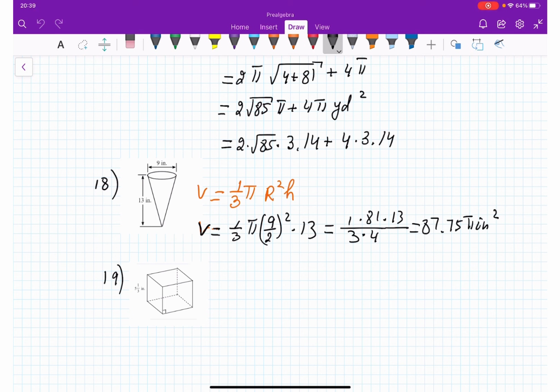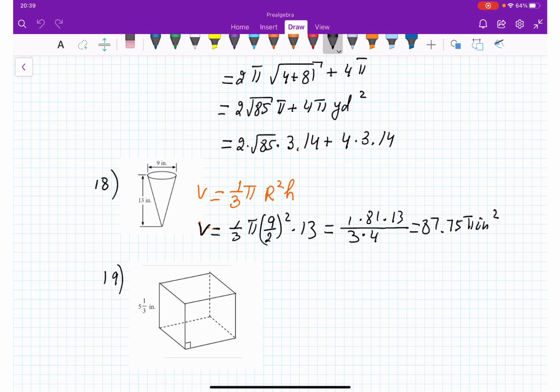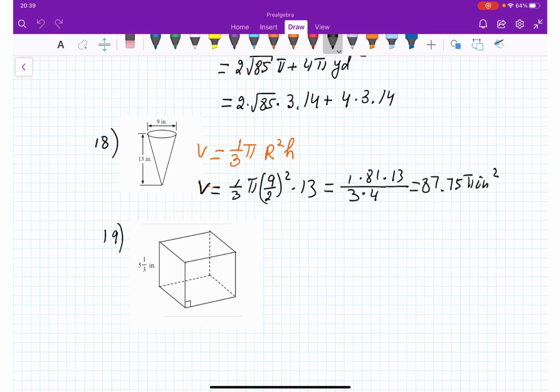So we need to find the volume of the cube. Okay? The volume of the cube, the one side is 5 1/3. Can you see it? Hopefully you can. 5 1/3. All right.